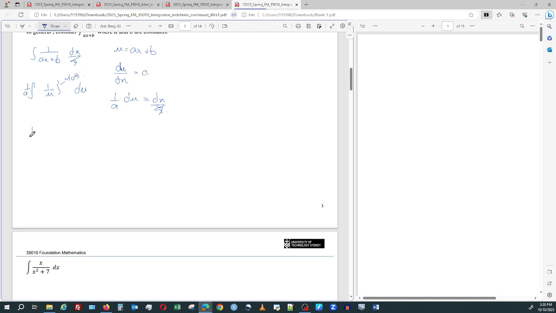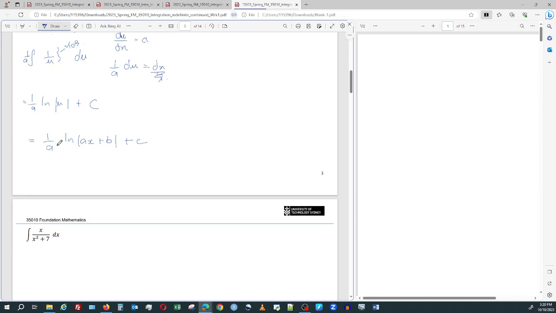So we can write 1 over a times the ln of u plus c, and so that is 1 over a the ln of ax plus b. So very straightforward, just recognising the use of this 1 over u.